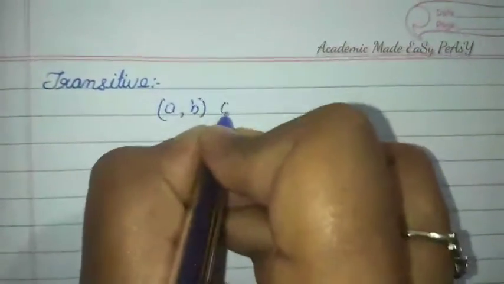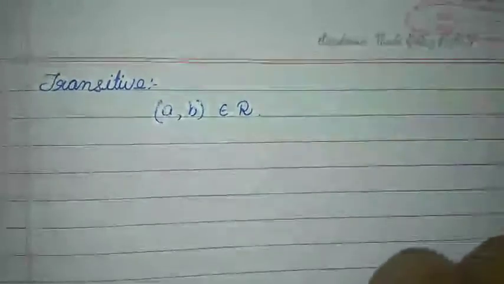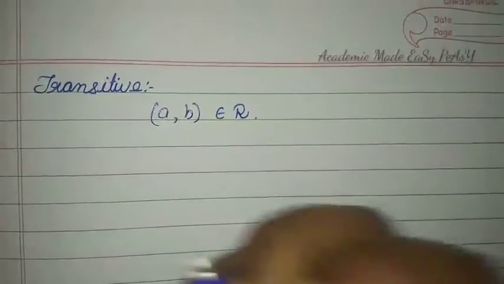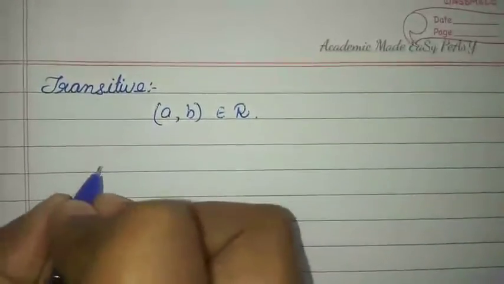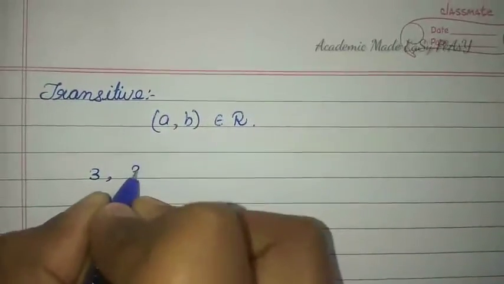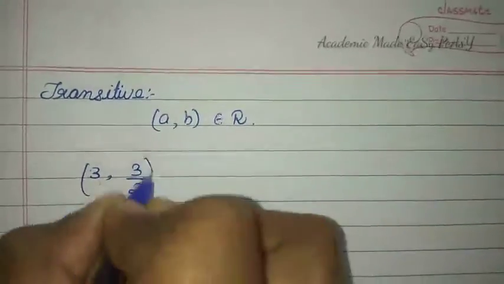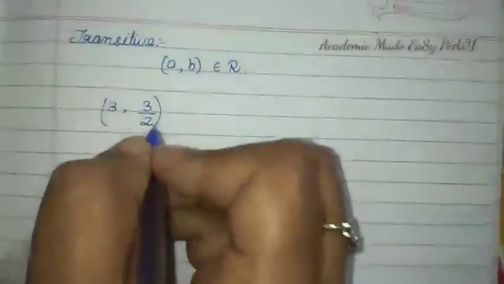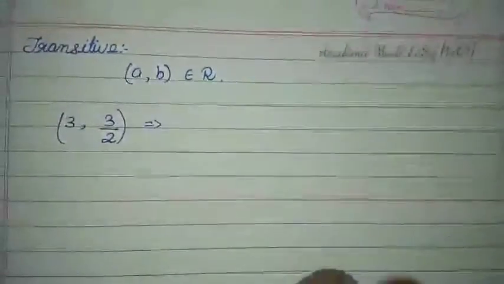So now for transitive, our first two conditions should get satisfied, isn't it? So a comma b should belong to R. Okay, so now I'm taking the example 3 and 3 by 2. Any example that satisfies the condition you should take over here for the first two conditions, that is a comma b and b comma c.